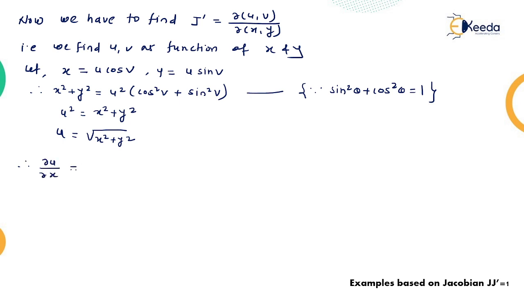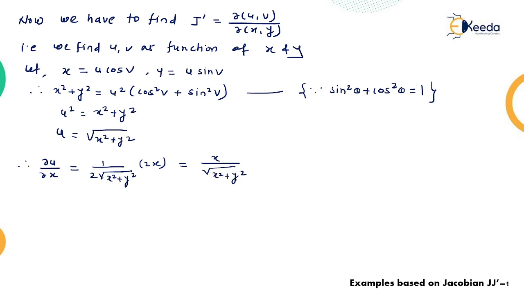Because u is a function of x and y, its value is 1 upon 2 under root x square plus y square, and with respect to x the derivative of the inside is 2x. The 2 gets cancelled, giving x upon under root x square plus y square.